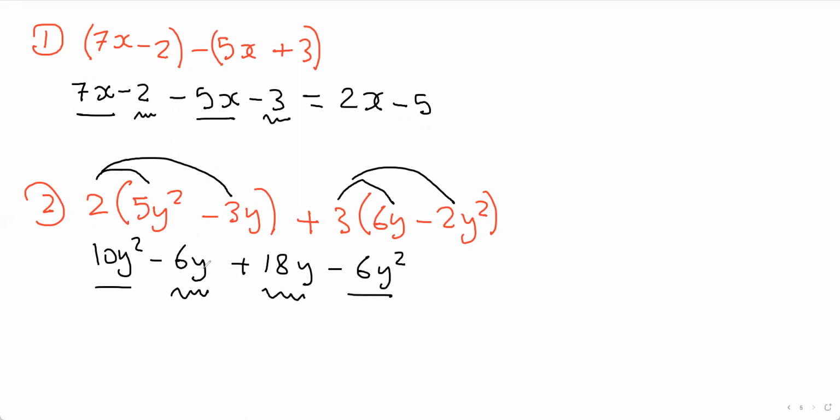This is a y, but it doesn't have a square, so it cannot be the same term as this, but it's the same term as this. Now I go 10 minus 6, that gives me 4y squared. And then the negative 6y plus the 18y will give me plus 12y. So far, so good here.